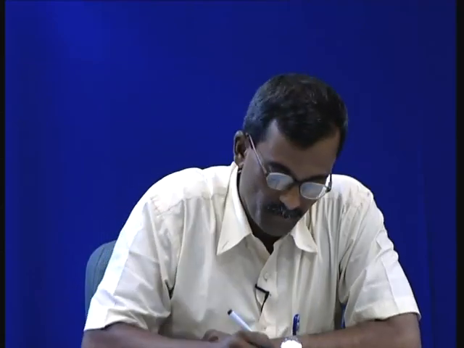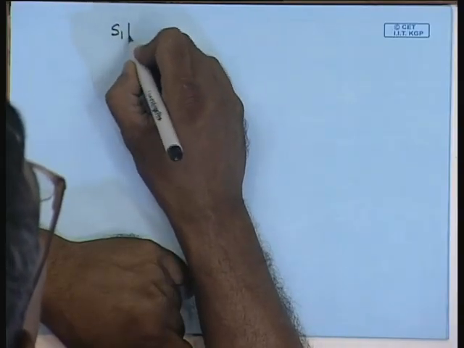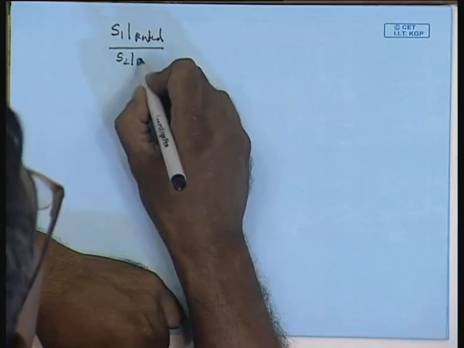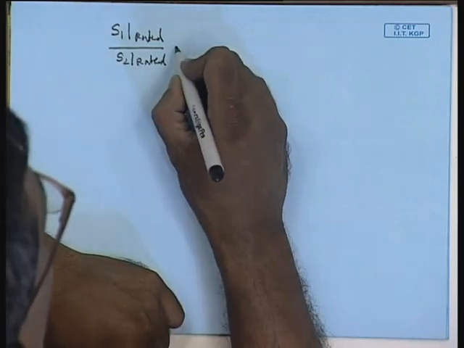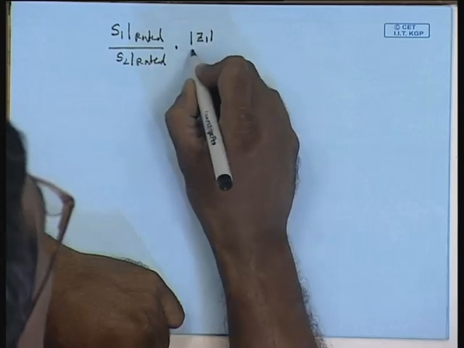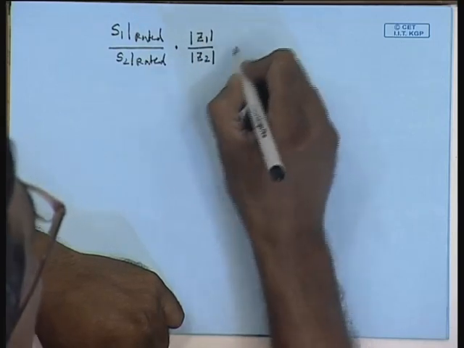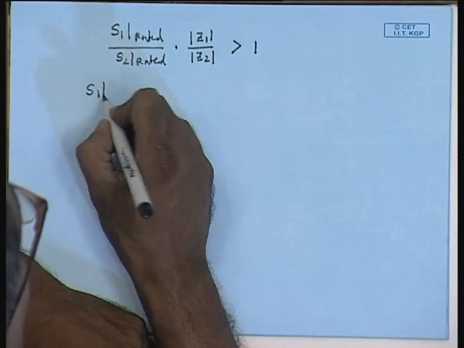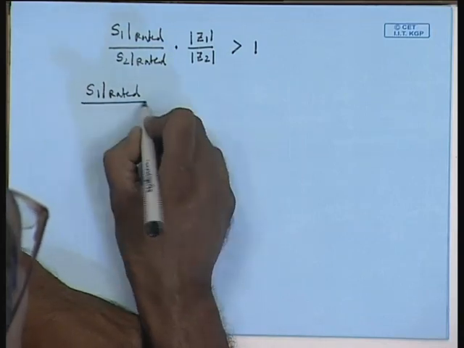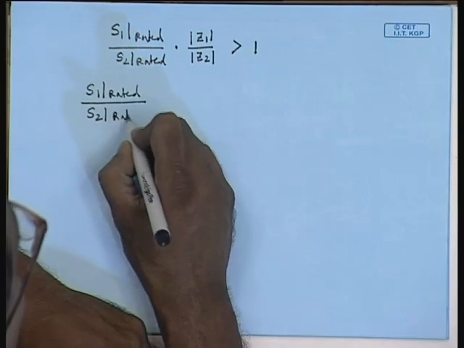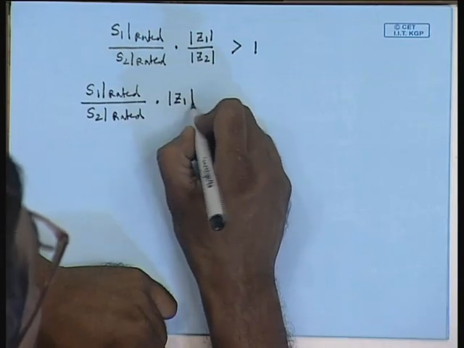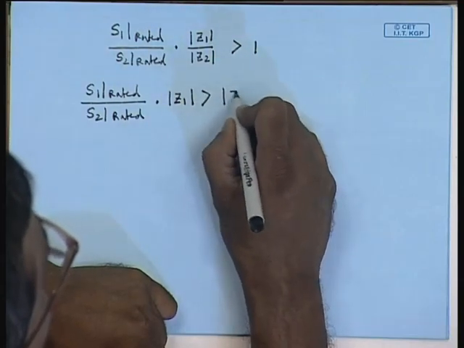This thing can be written as mod Z1 by mod Z2 larger than 1, or S1 rated by S2 rated into Z1 is greater than Z2.